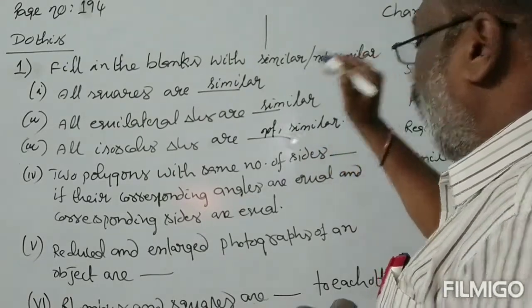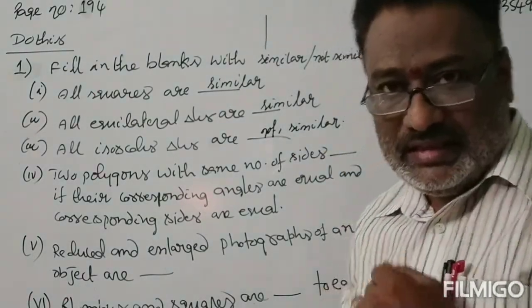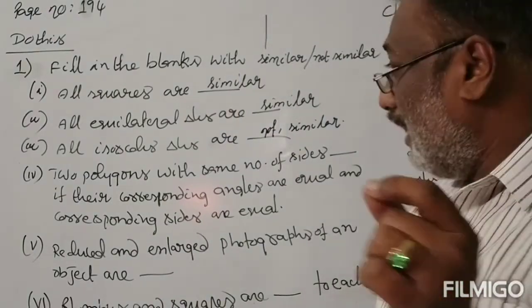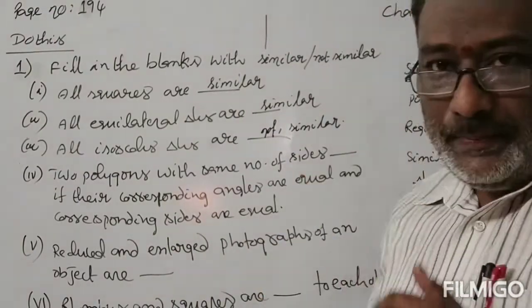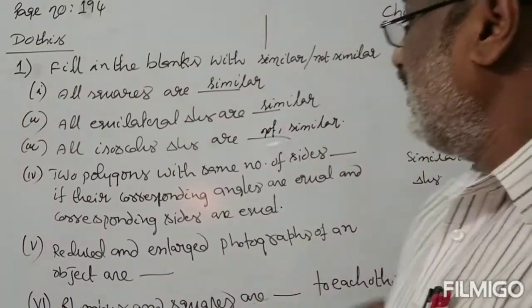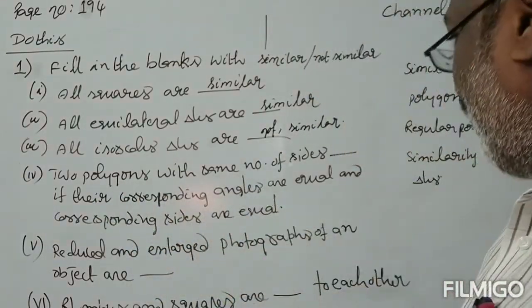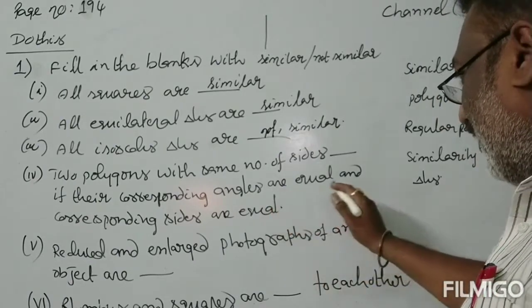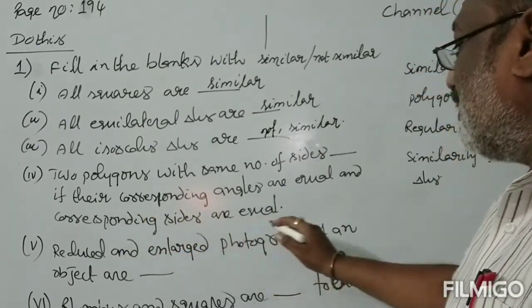One more sentence you need to write along with this: in some specific cases isosceles triangles are similar. Okay, next: two polygons with the same number of sides dash if their corresponding angles are equal and corresponding sides are equal.